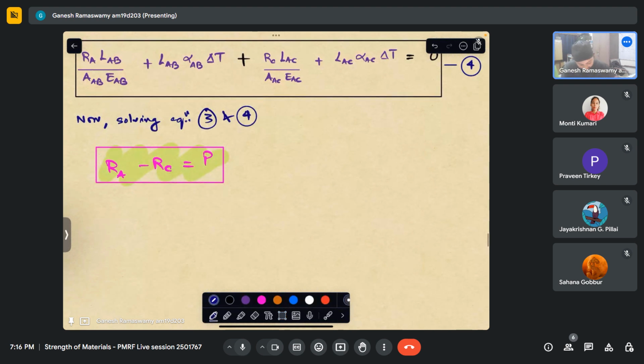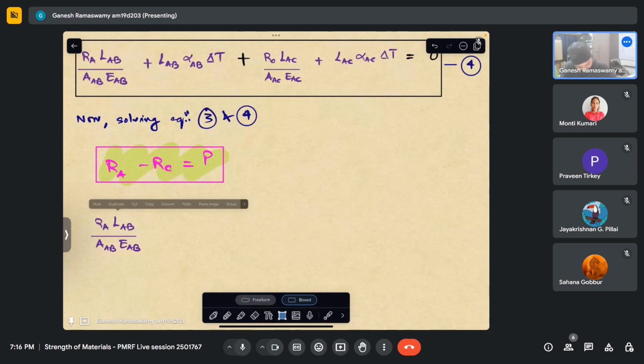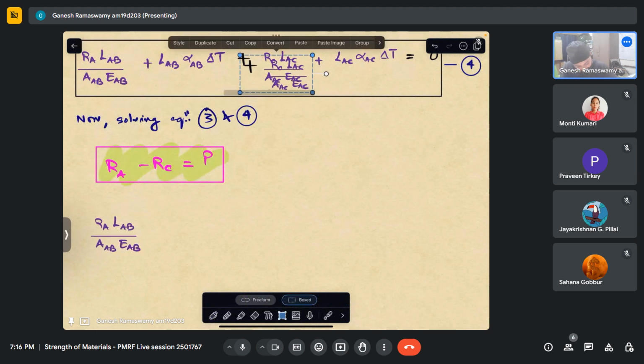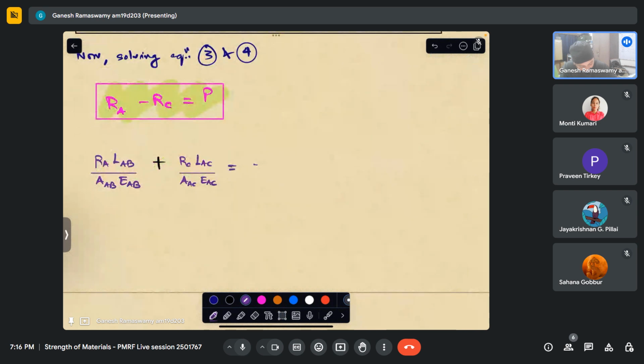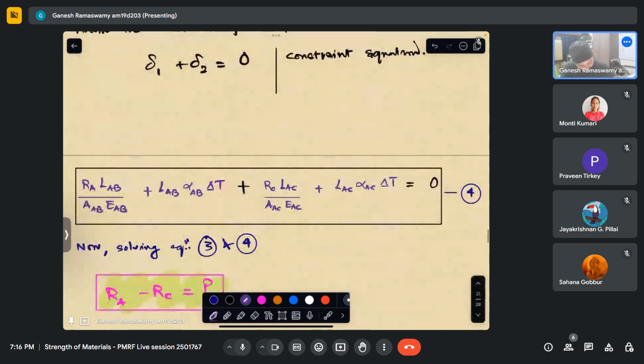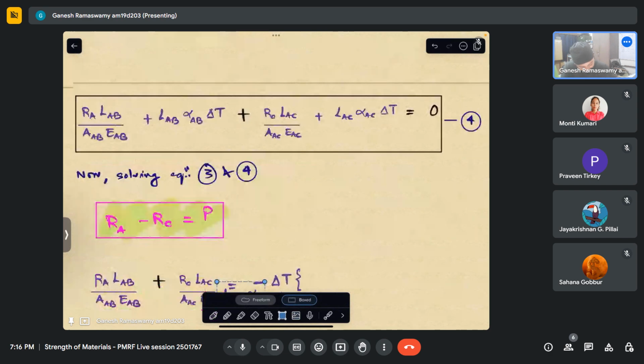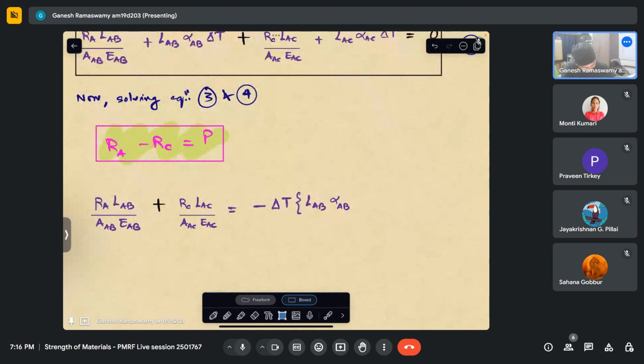So this will be this term plus this term. These two terms equal minus delta T. If I take common, it will be this quantity plus this quantity.